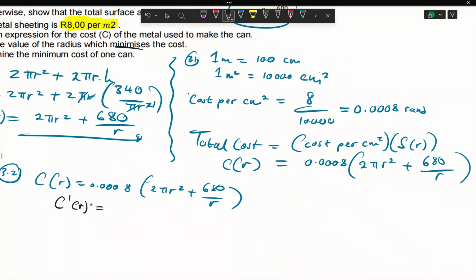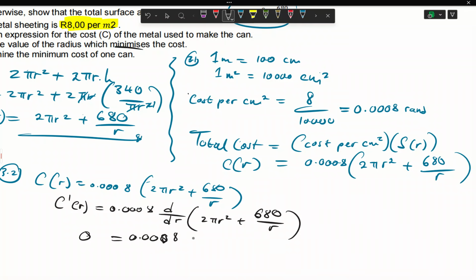So now, when you take the derivative, remember you keep this and then take the derivative with respect to r of the inside function. So now you have to equate this to 0, remember? So you keep the 0.0008. The derivative of the inside will give you 4 pi r.